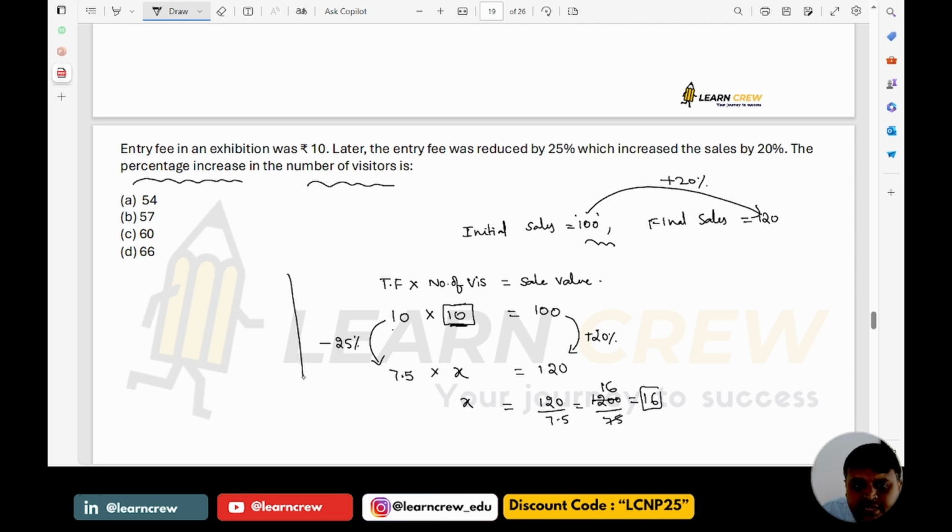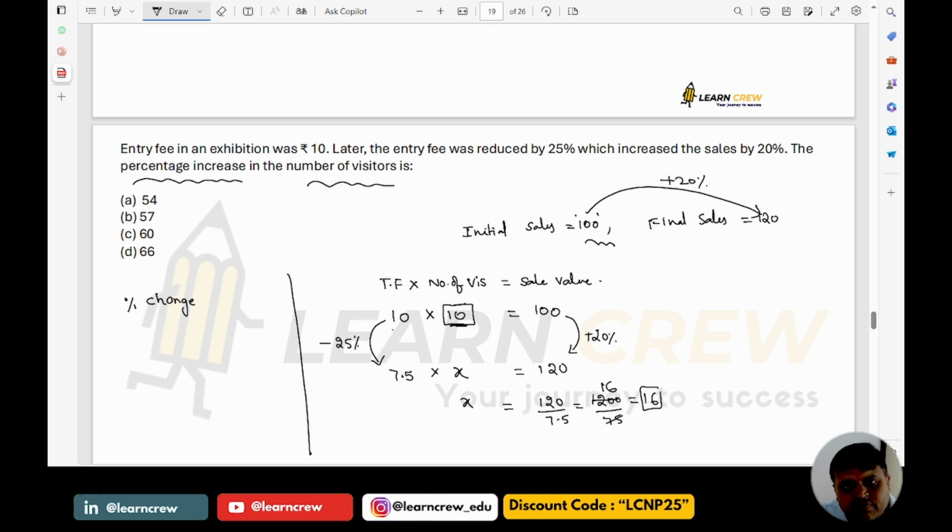Now, percentage increase in number of visitors. Here I would like to introduce one more concept, that is percentage change. Change can be increase or decrease. Percentage change is the change in the value when the initial value is 100, that is, change per 100 of initial value.